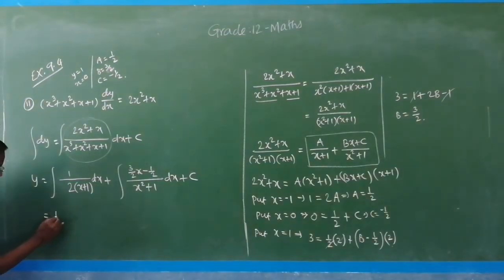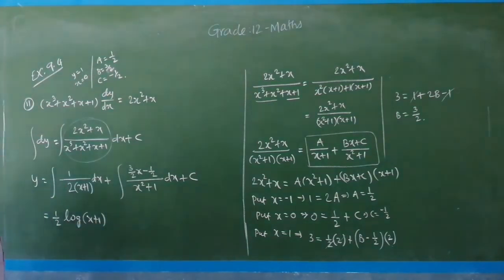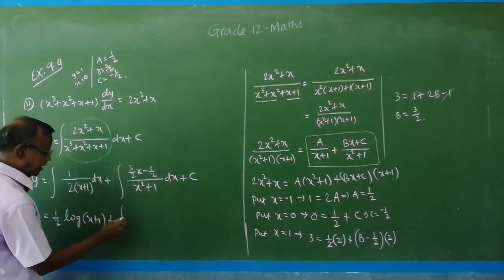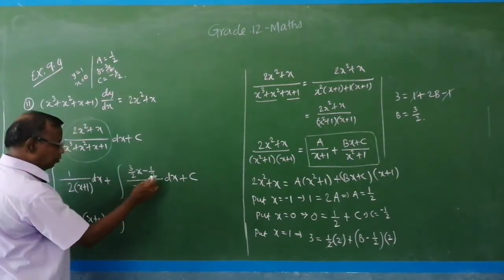This is equal to 1 by 2 log of x plus 1, the first part. Here we have to simplify, that is, take 1 by 2 as common.